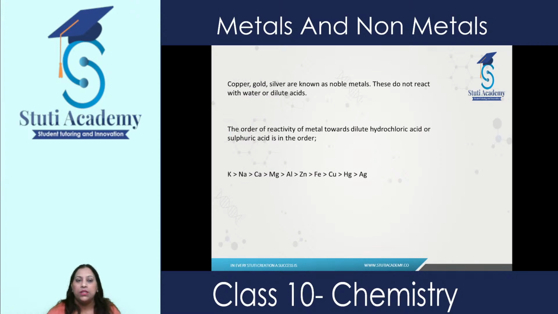Now copper, gold and silver are known as noble metals. They do not react with water or dilute acids because they are less reactive in nature. They will not show reaction with water, that's why we call them noble metals, and they will not show reaction with dilute acids also.